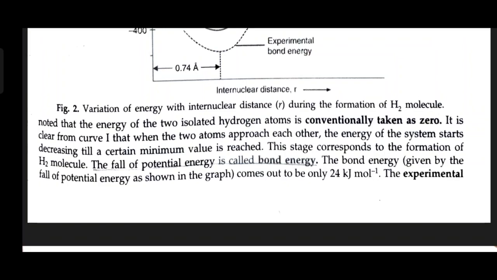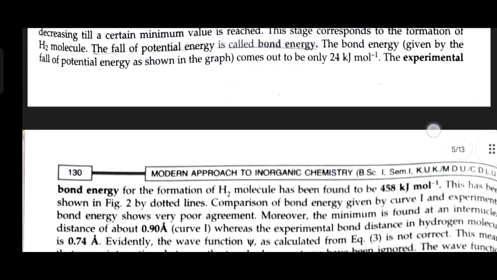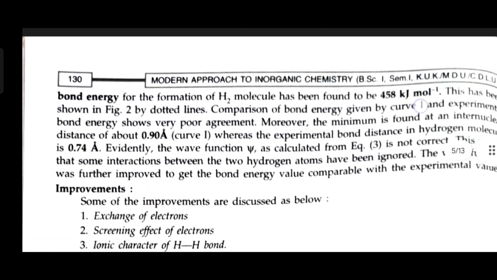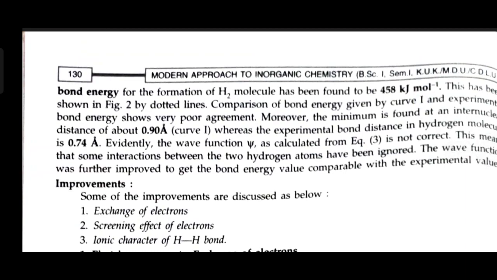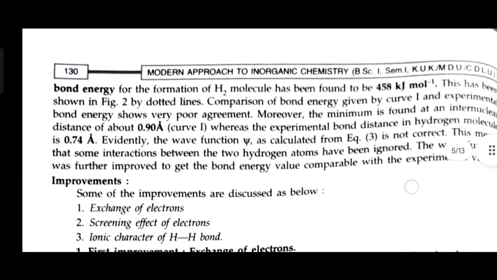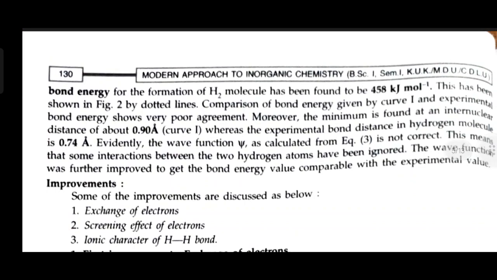The fall of potential energy is called bond energy. The bond energy comes out to be 24 kJ per mole. The experimental bond energy for the formation of the H2 molecule has been found to be 458 kJ per mole. This has been shown in figure 2 by dotted lines.